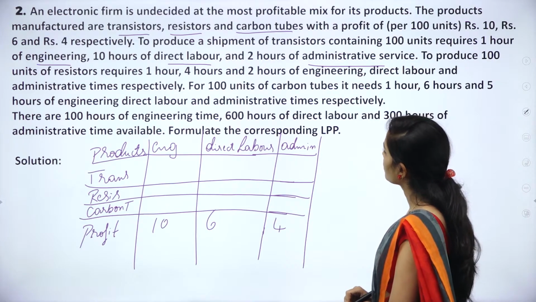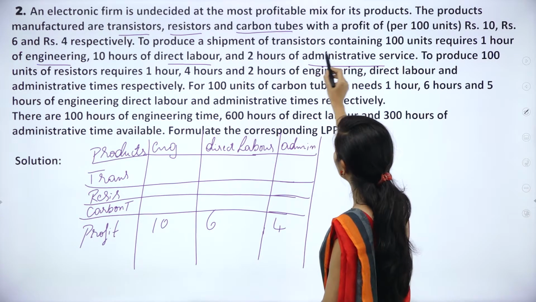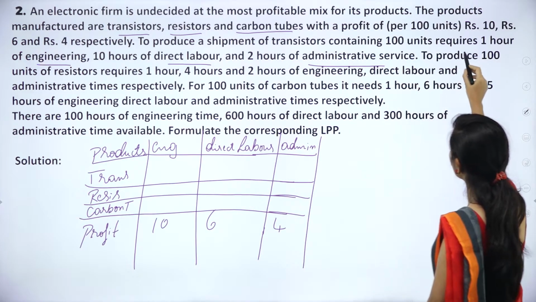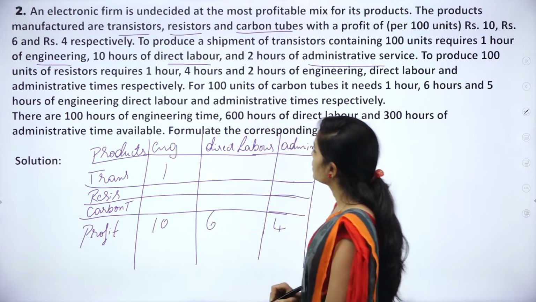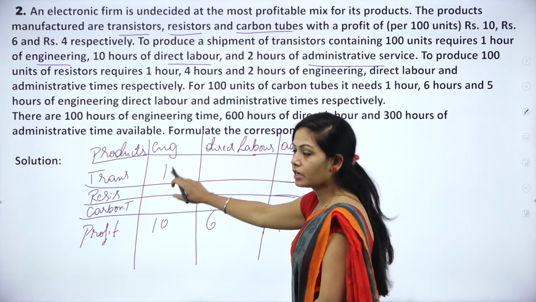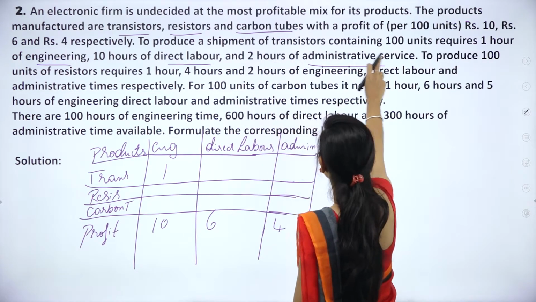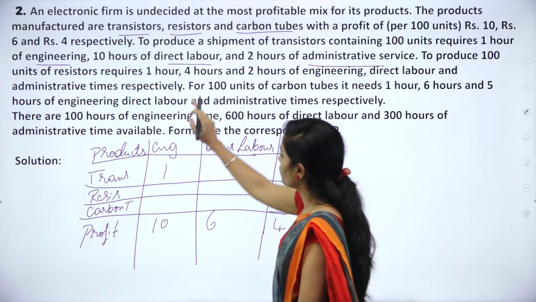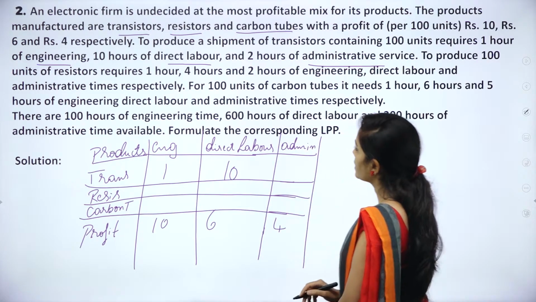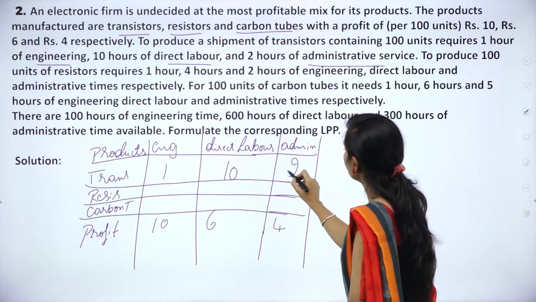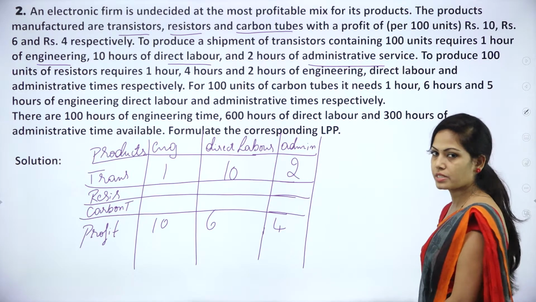To produce a shipment of transistors containing 100 units requires 1 hour of engineering, 10 hours of direct labor and 2 hours of administrative service.